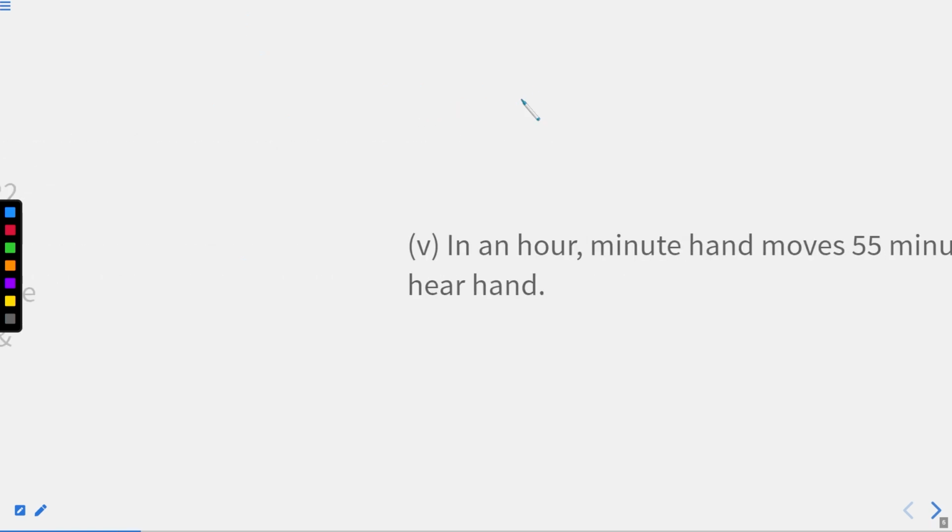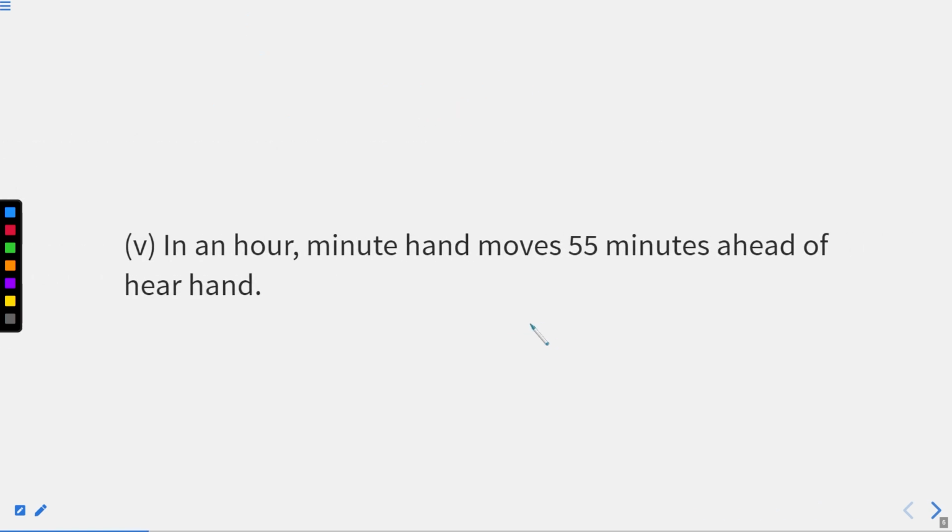Now we'll move to the next statement, statement number 5: in an hour, the minute hand moves 55 minutes ahead of the hour hand, right? Now why are we saying 55 minutes?